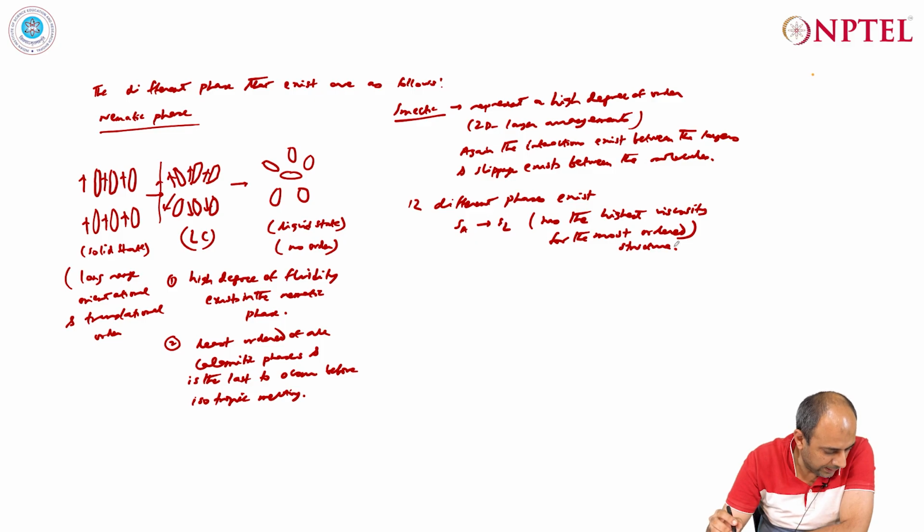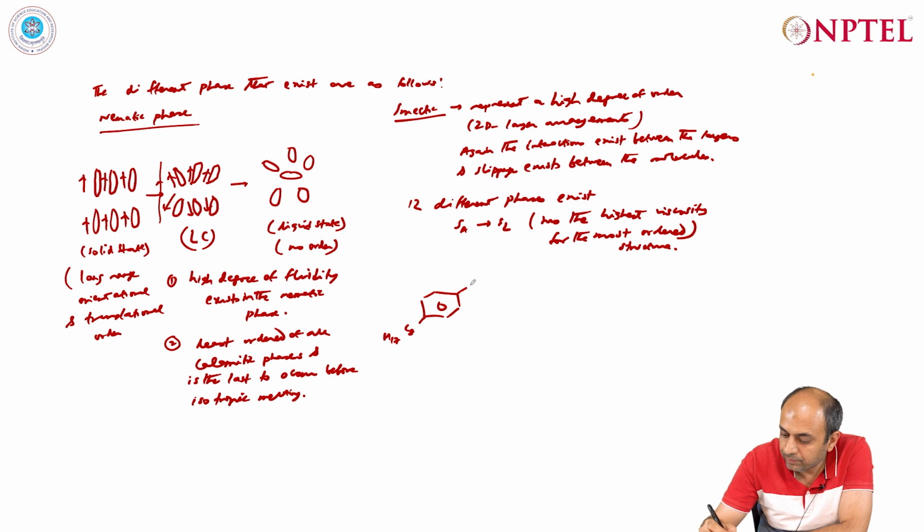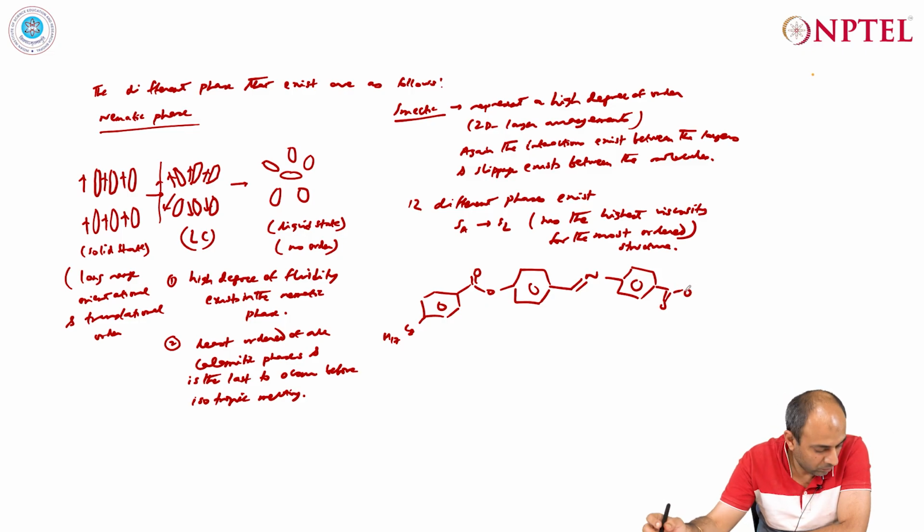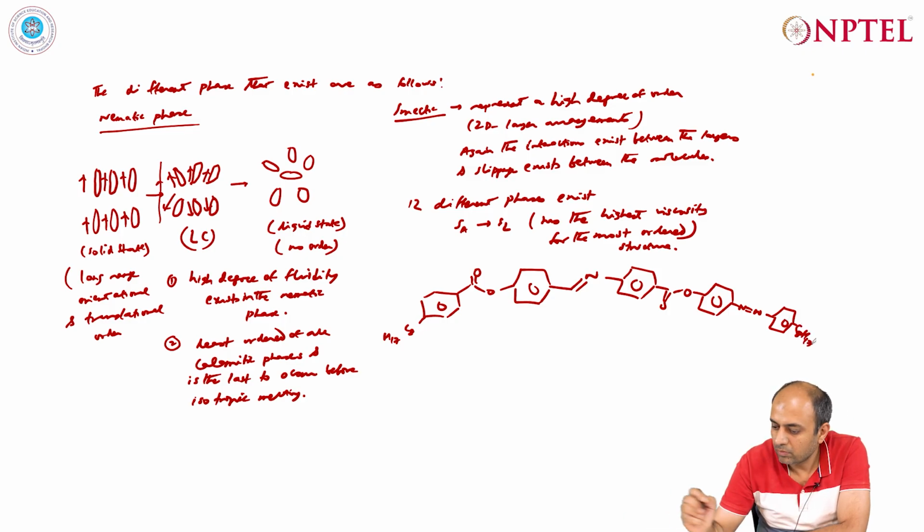So, for example, let us take this particular compound, C8H17. This compound undergoes 3 phase transitions. You can see as the length increases, it tends to develop some curvature.